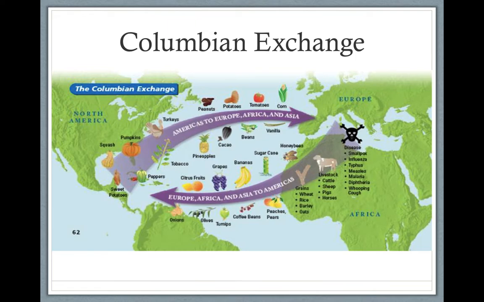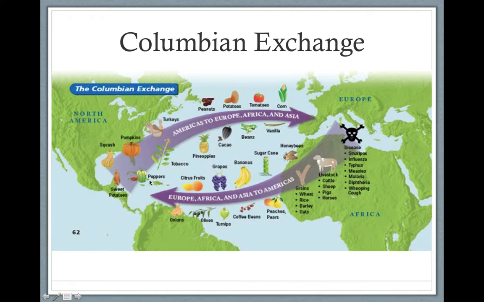And then we see also on this bottom arrow here that Europe sent a lot of things to the New World, North and South America, that the natives of the New World had never seen before. Farm animals, domestic animals being one, cattle, sheep, pigs, horses, but also things like sugar, peaches, bananas. Those all originally came from Europe, but tend to be known and more popular today in North and South America.